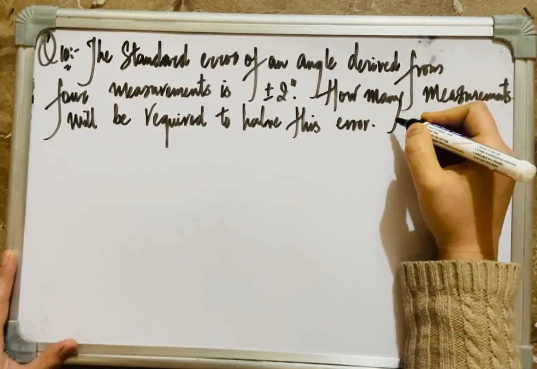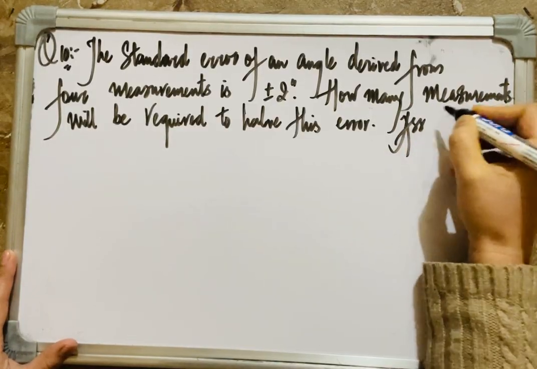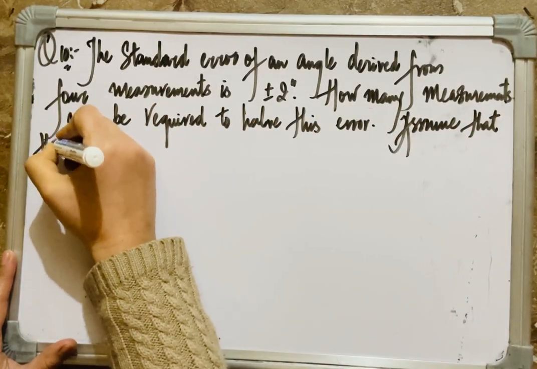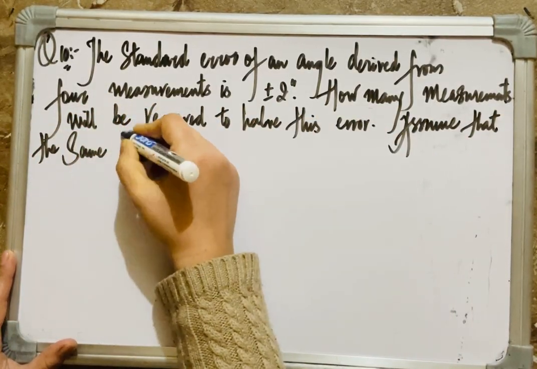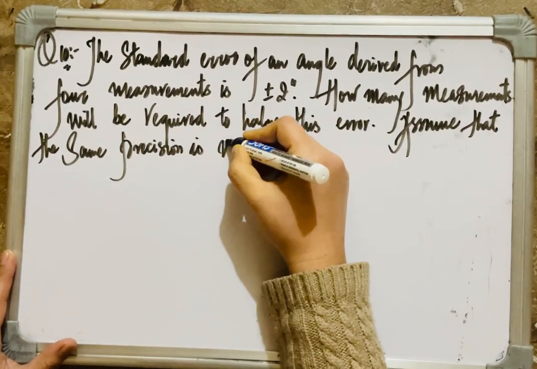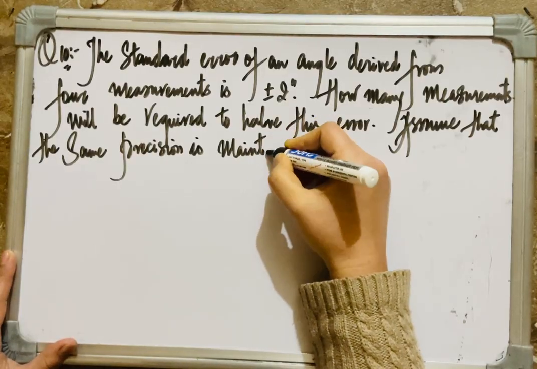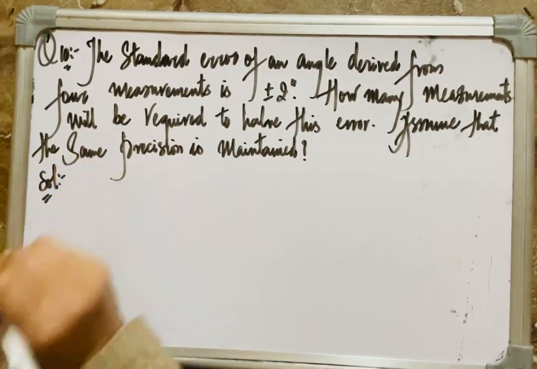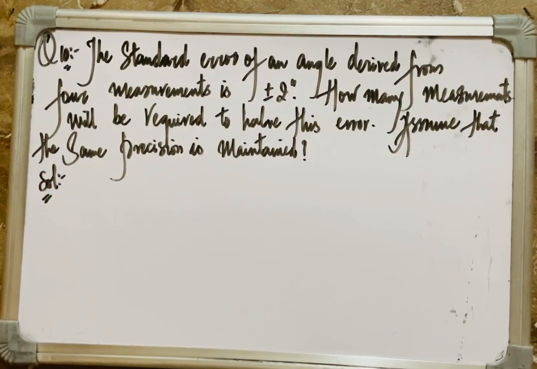Assume that the same precision is maintained. Let's solve it. The standard error of an angle derived from 4 measurements is plus minus 2 seconds. How many measurements will be required to halve this error if every measurement is taken with the same precision?